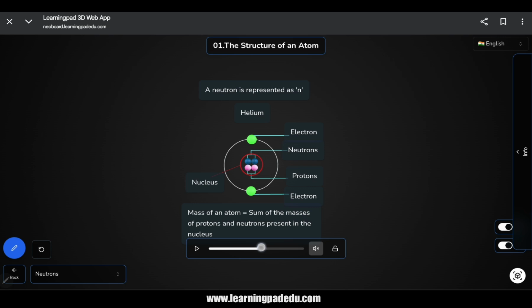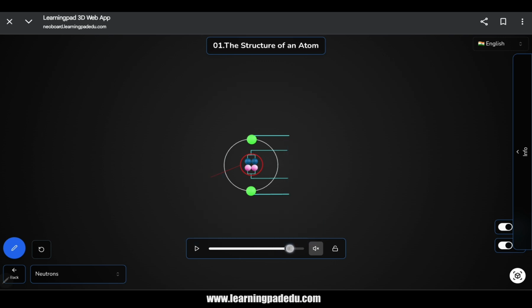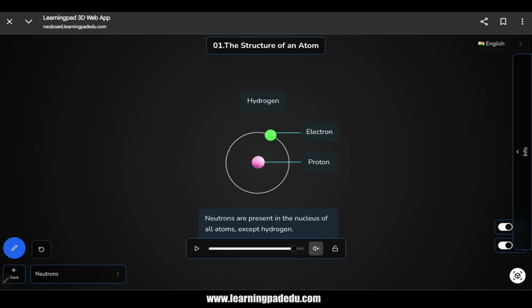Now, let us see the structure of the hydrogen atom. Hydrogen atom has one electron and one proton. Then what about the neutrons? Neutrons are present in the nucleus of all atoms except hydrogen. So, hydrogen does not have neutrons.